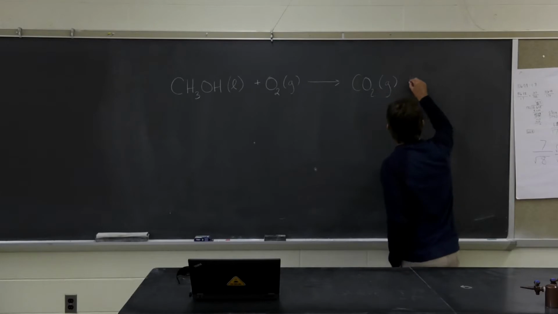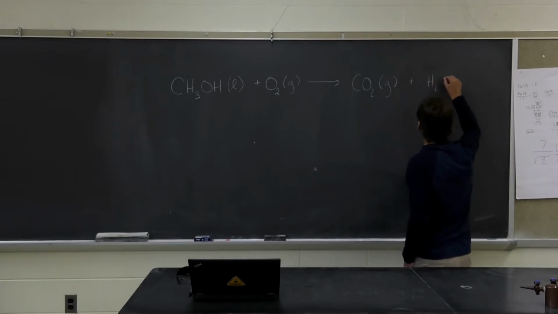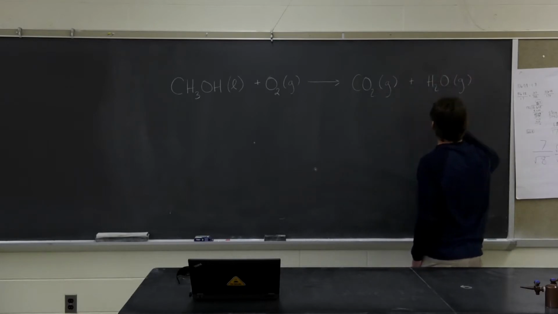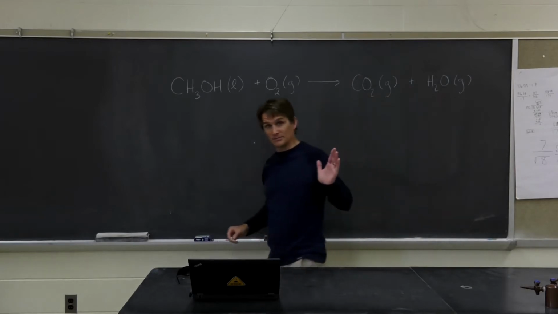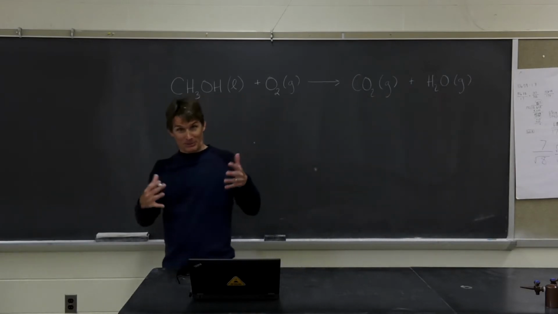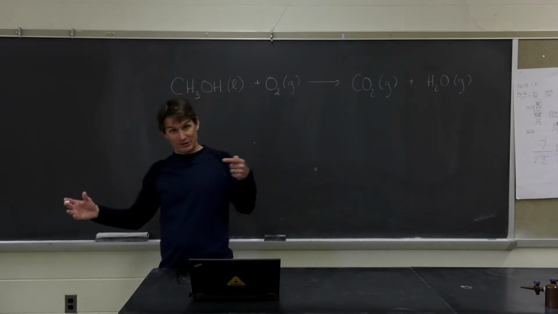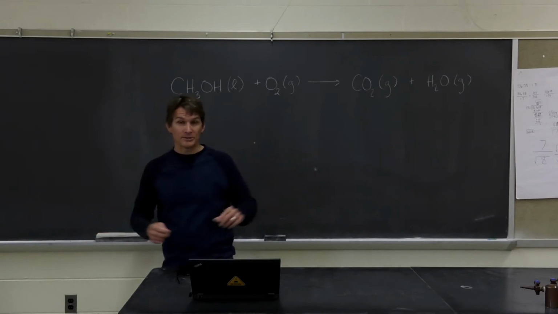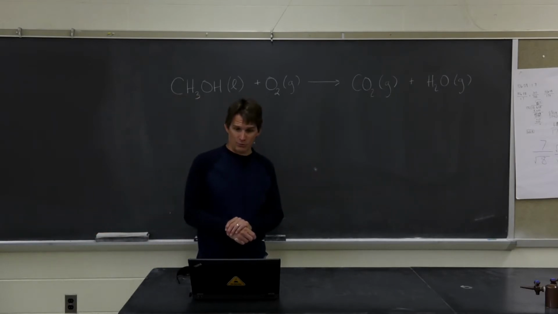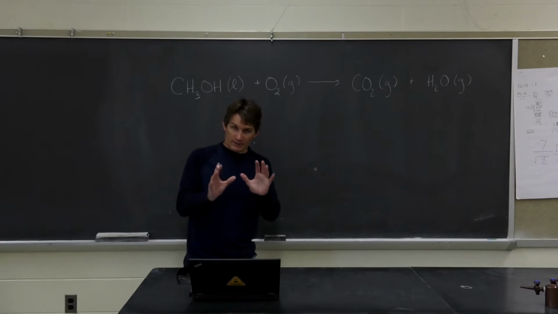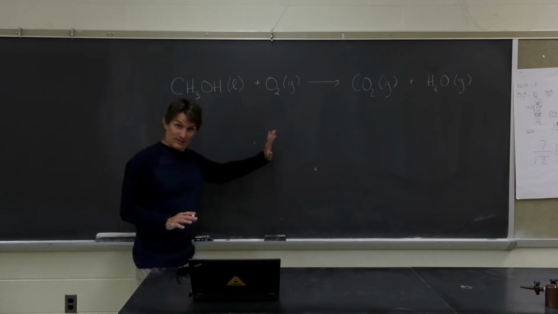Both of those were produced in the gas phase. And those hot gases that were produced expanded and pushed out of the bottle, and they shot this way, which propelled the jug forward. And now notice this reaction is not completely correct.